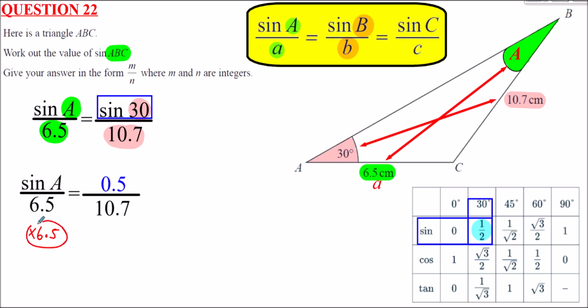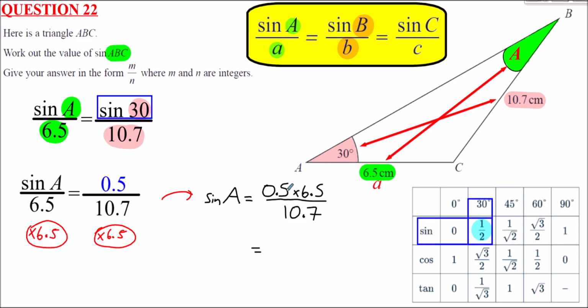So if I multiply the left and the right by 6.5, what I'd next get would be sine of A equals 0.5 multiplied by the 6.5, all divided by 10.7.